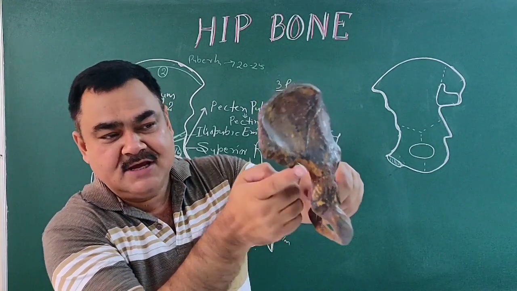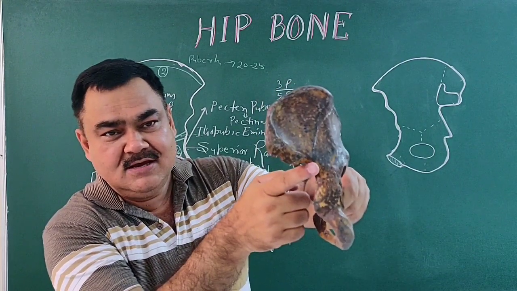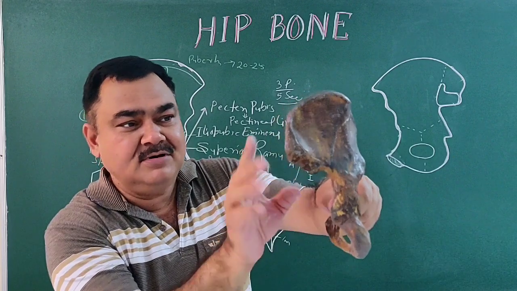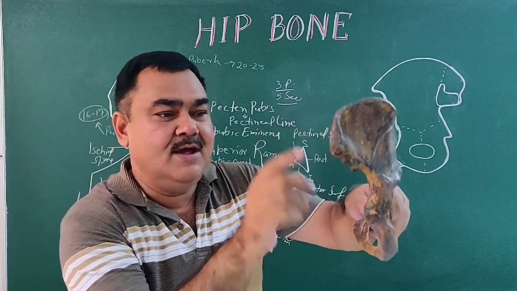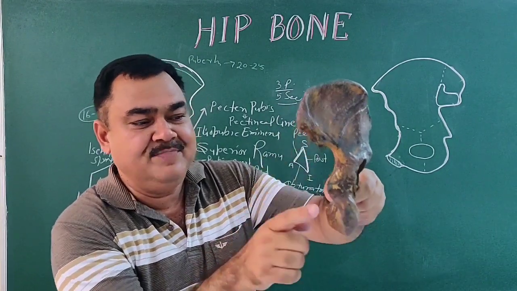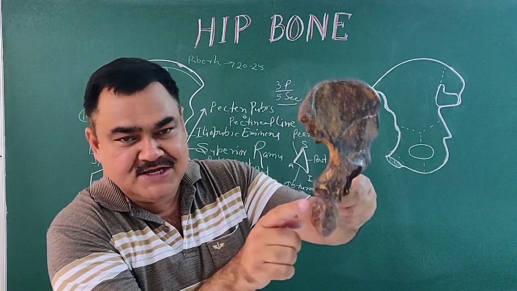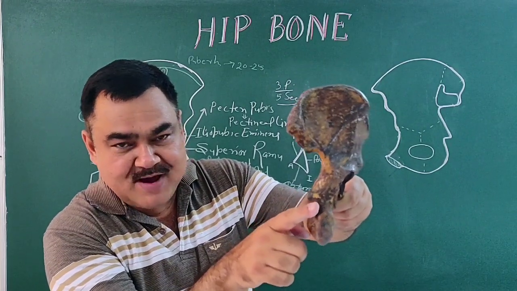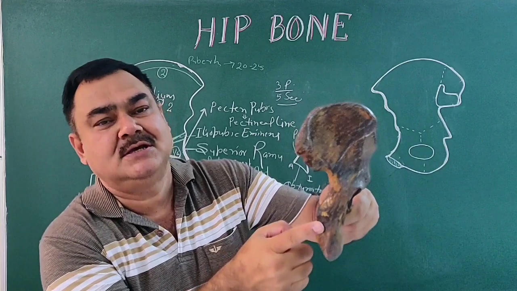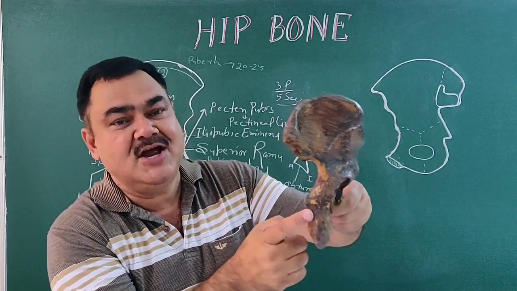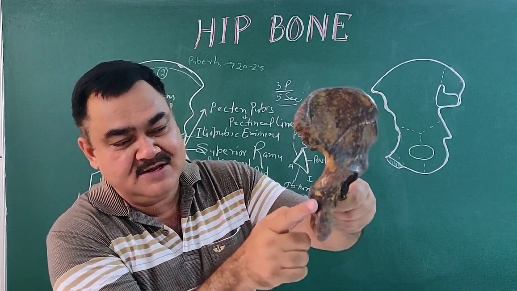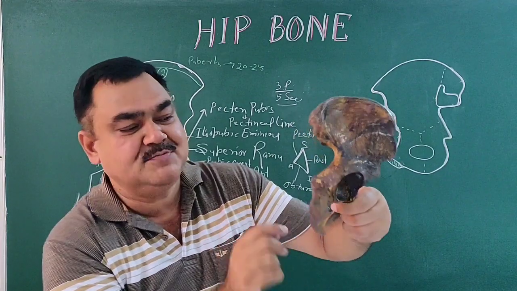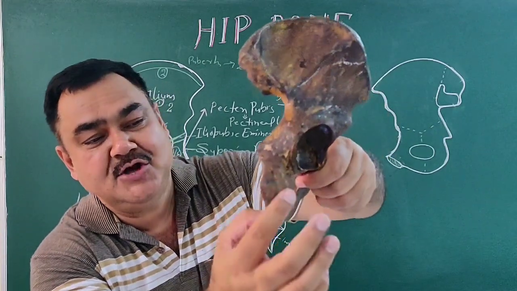As you know, this here is greater sciatic notch, which is related to the ilium. But here this part is ischium, and below the ischial spine is the lesser sciatic notch. And here is ischial tuberosity.